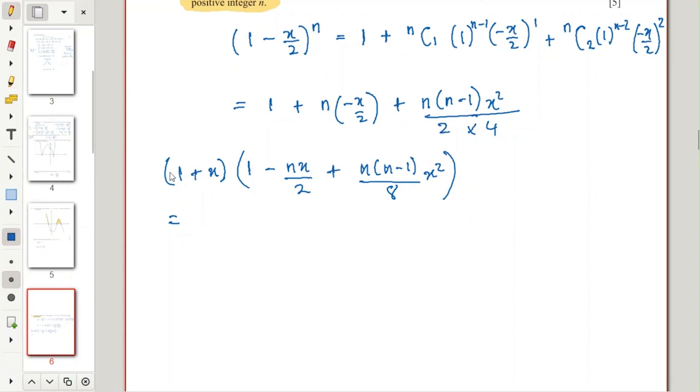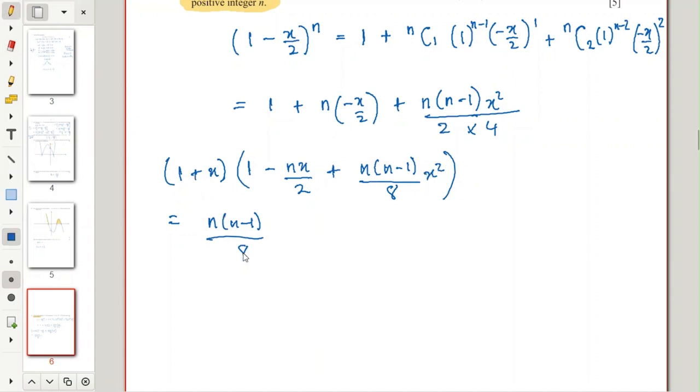So here, 1 times 1 will not help me. It doesn't give me the coefficient of x squared. 1 times this, I still have x. But 1 times this expression is this x squared. Have you seen? So I've gotten the coefficient of x squared. But I'm looking for the coefficient of x squared. So let me take the x squared there out.